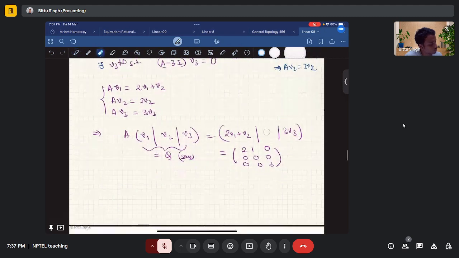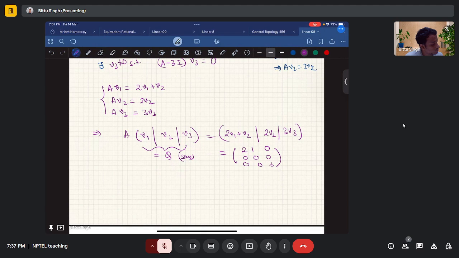From here we can see that this is the same as [v1, v2, v3], so this is Q inverse AQ. This is actually the Jordan form, the given Jordan form.